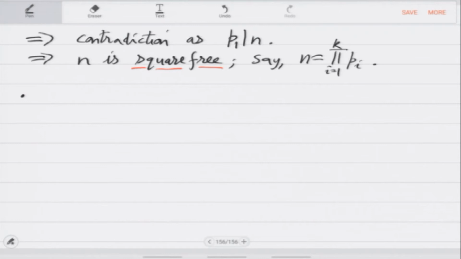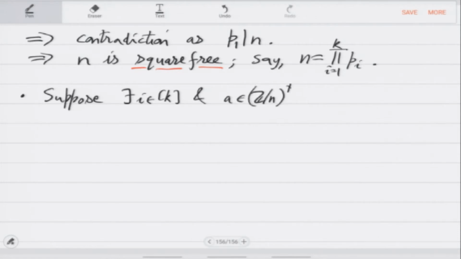Now suppose there is a prime Pi and a number G such that G raised to n minus 1 by 2 is not the same as G over Pi, mod Pi.